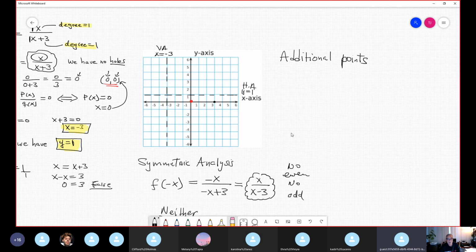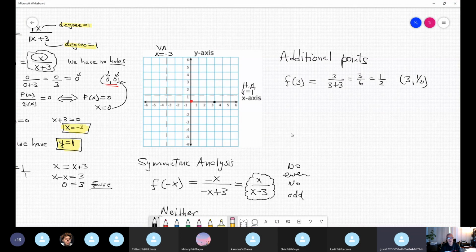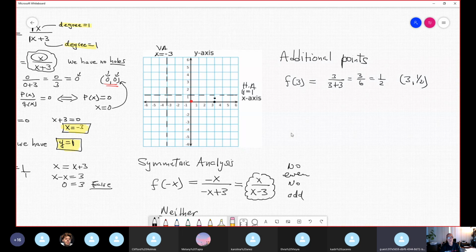You evaluate the function at 3. It's equivalent to 3 over 3 plus 3, ¿no? Entonces 3 over 6, que es 1/2. Wow, 1/2. Entonces the point is (3, 1/2). Okay, (3, 1/2) looks like here, that point, because 1.5 is the midpoint, no?